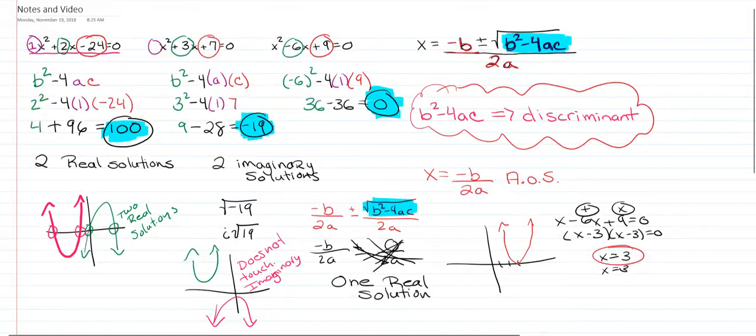The options would be 2 real, 2 imaginary, 1 real. I will attach some practice problems if you would like to try below and go from there. So again, hopefully that was straightforward enough and you can apply and try this out yourselves.